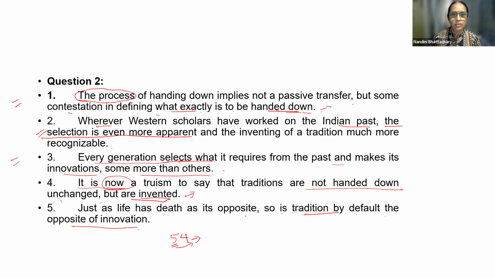Every generation selects what it requires from the past and makes its innovations, some more than others. Now this is more about selecting, right? So will 3 come after 4 or would 1 be better suited?